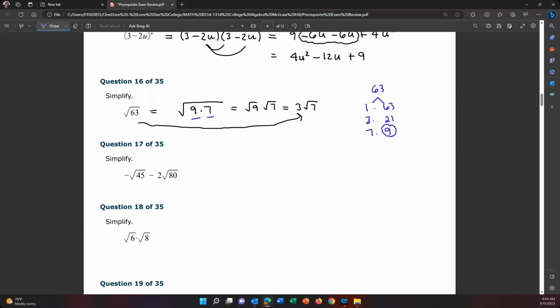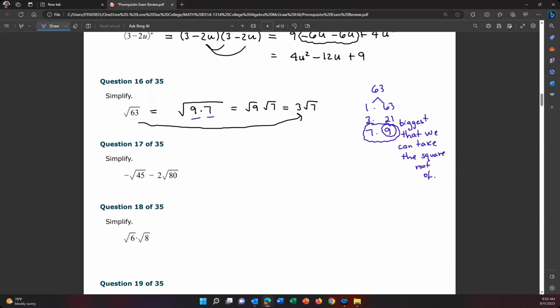This is the biggest number that we can take the square root of. Therefore, that's what I use this pair of numbers as, these are called factors, the factors of 63.